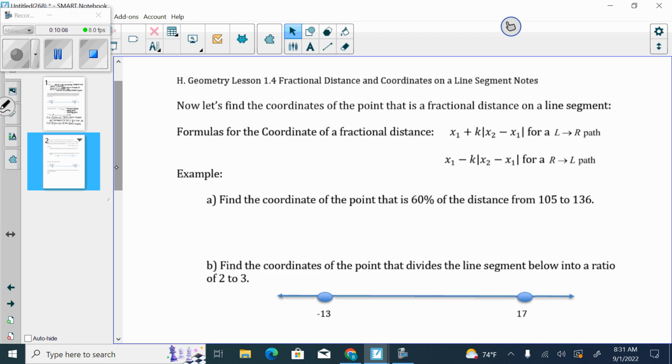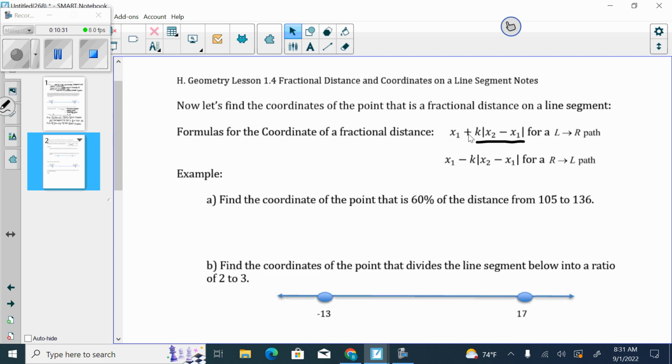Okay? So we're going to be finding the coordinate point that is some fractional distance on a line segment. And the formulas for the coordinate of fractional distance are these two right here. So this part is the exact same formula that we've been using, right?